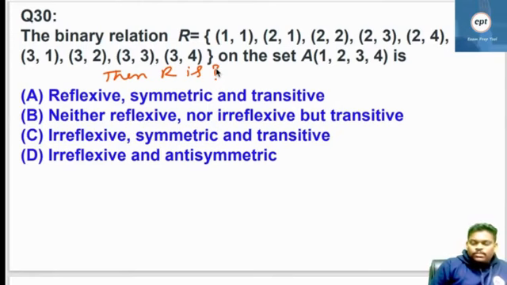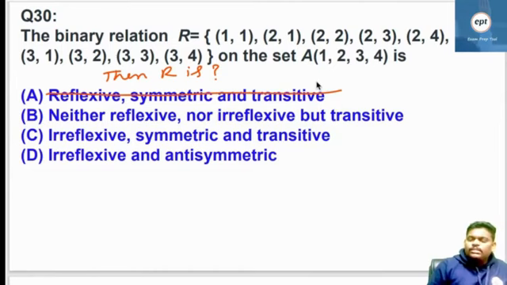The binary relation R is given. Is it reflexive? Are (1,1), (2,2), (3,3), (4,4) there? No. (1,1) is there, (2,2) is there, (3,3) is also there, (4,4) is not there. Reflexive is gone.